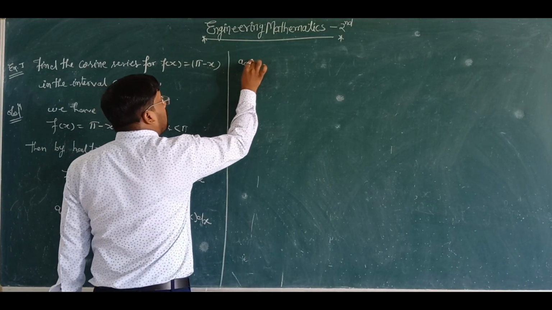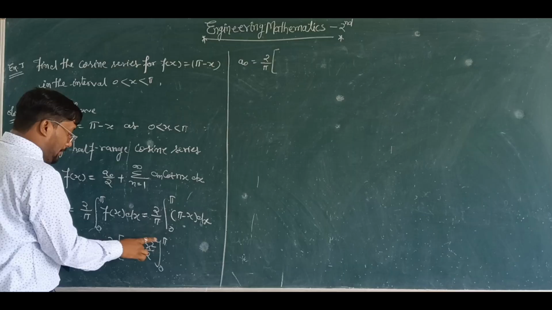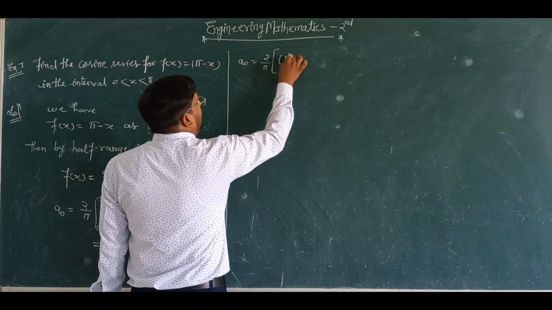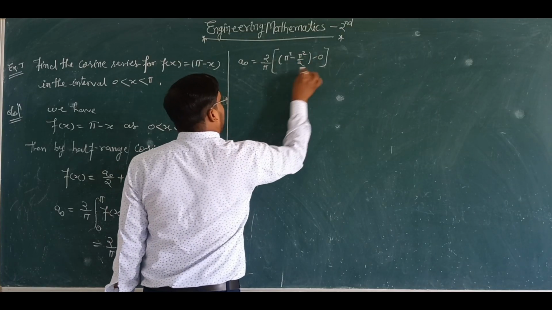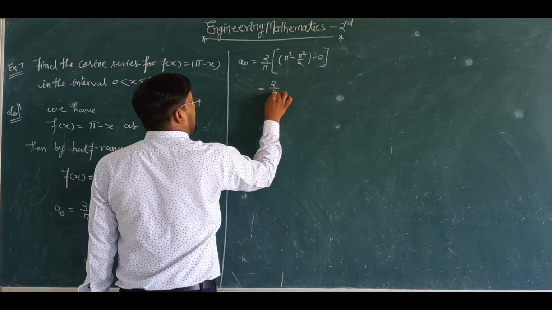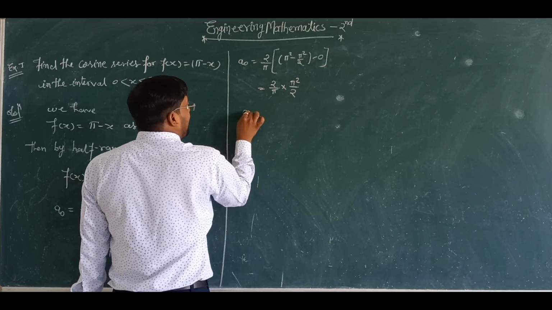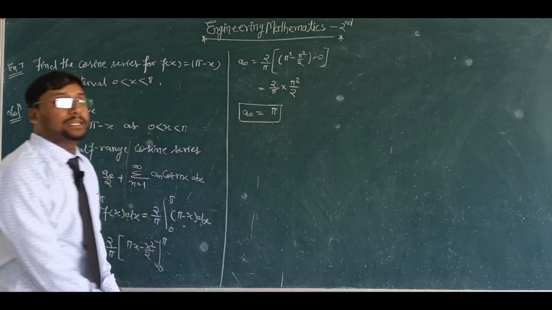Putting the upper limit, this is pi square minus pi square by 2 minus 0. So 2 upon pi into pi square by 2, and a naught is equal to pi. This is the value of a naught.